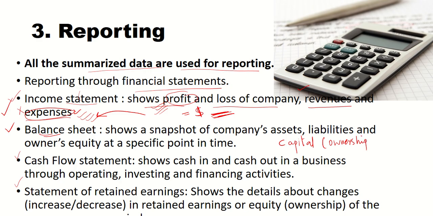If you want to know how much this business owns and how much this business owes, go straight to the balance sheet. The balance sheet shows a snapshot of the company's assets, liabilities, and owner's equity at a specified point in time. Assets, we know very well, are all those things that the business owns.